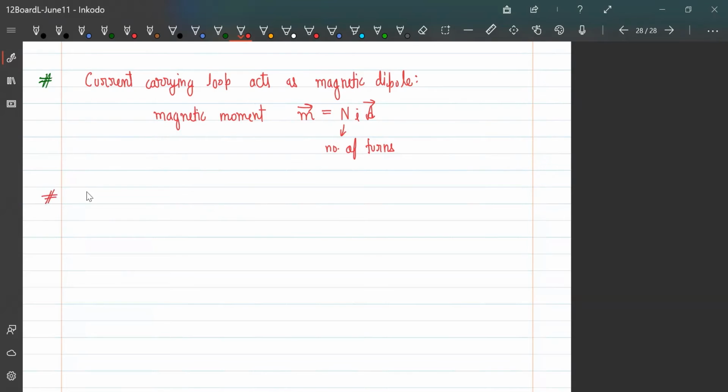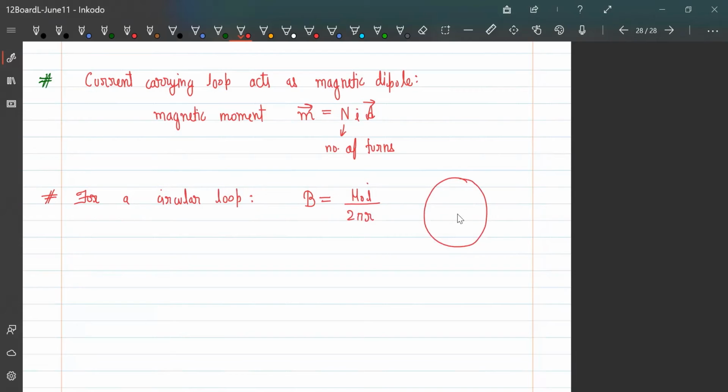So for a circular loop, we know that the magnetic field B is equal to mu naught I by 2 r.